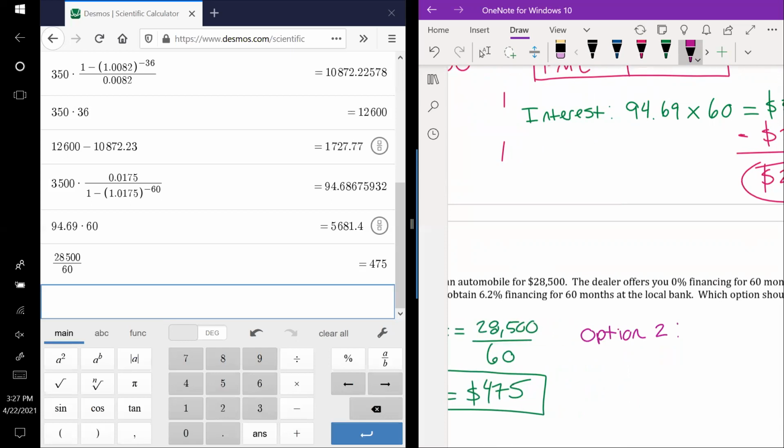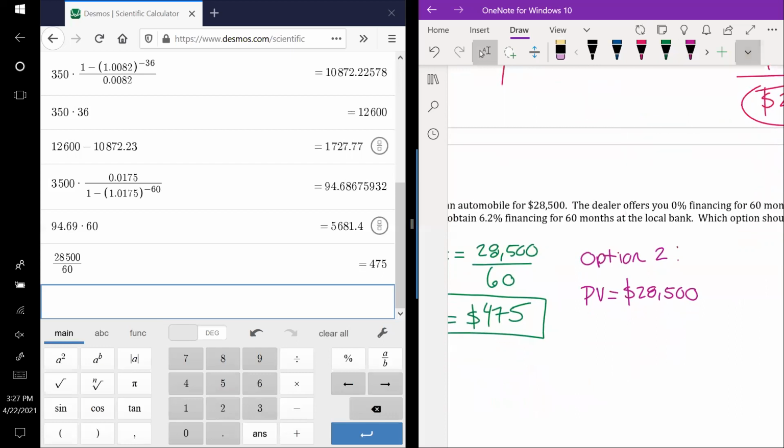Okay, but now let's look at option 2. So option 2, we're buying the automobile for $28,500. So here's present value. And then we're going to go to our bank and obtain 6.2% financing for 60 months. Okay. So this means that if it's months, then we're going to have rate over compoundings.